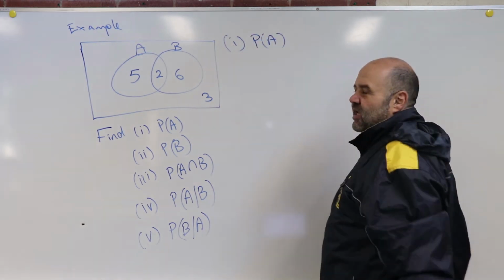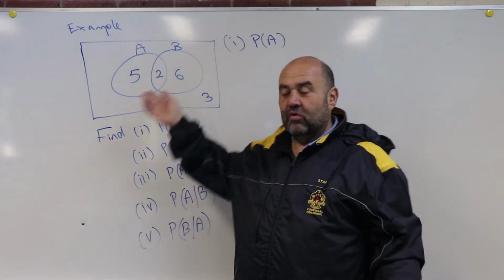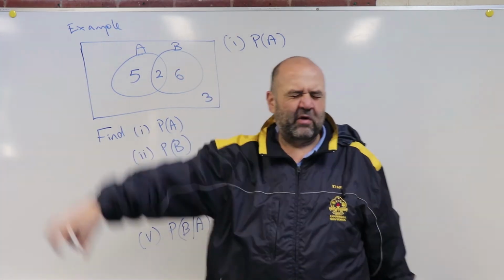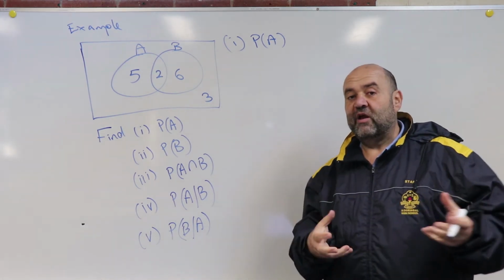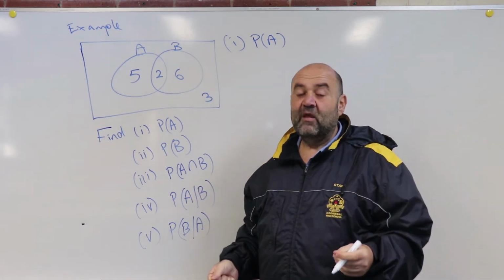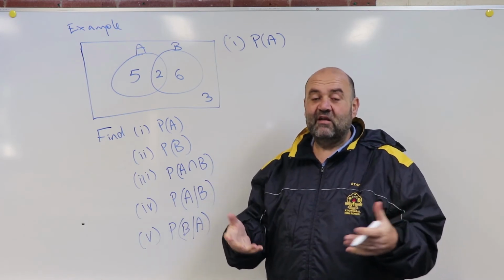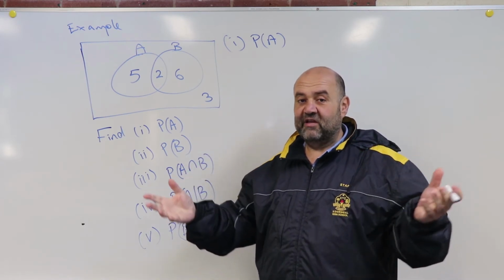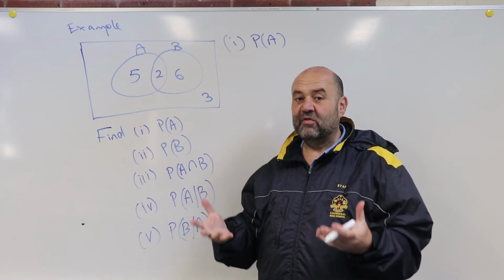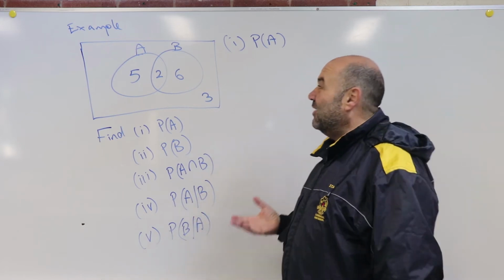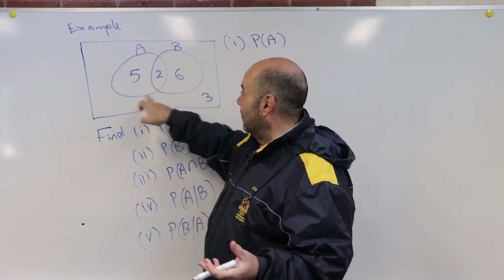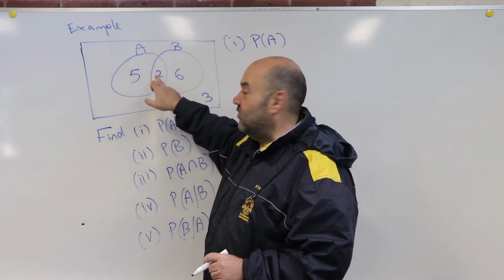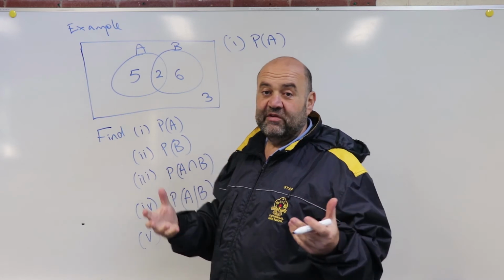That means that if I was to come along randomly and put all these elements in a box and shake them up, and I reach in and I pulled one out, what is the probability that I pull out something from A? Well, the probability of an event is the number of ways that event can happen over the number of possible things that can happen. How many A's are there altogether? Well, there are inside the A circle, there are 5 here and 2 here. There are 7 things altogether.